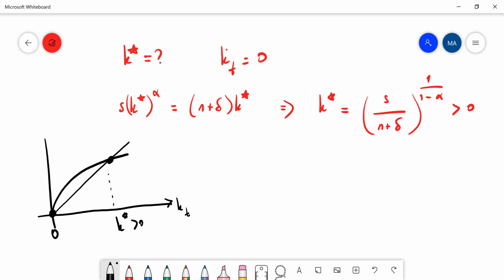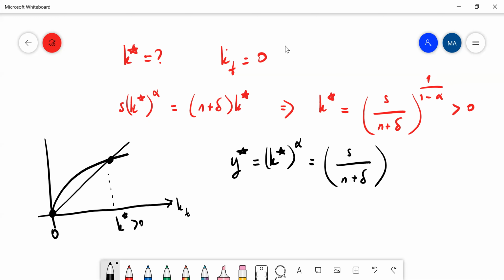So if you know k star, obviously you know y star, because y star is k star to the alpha. So you have s over n plus delta, to the power alpha divided by 1 minus alpha.